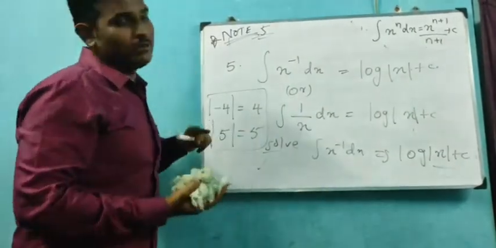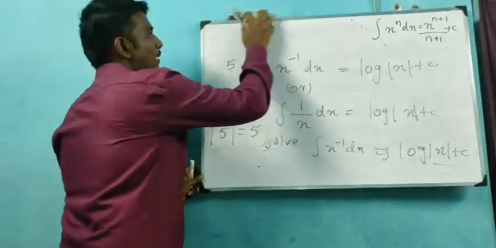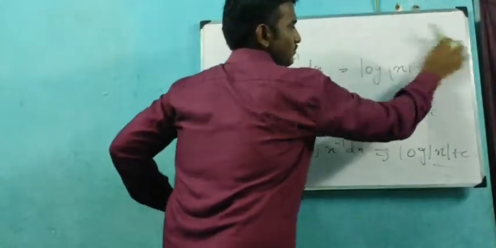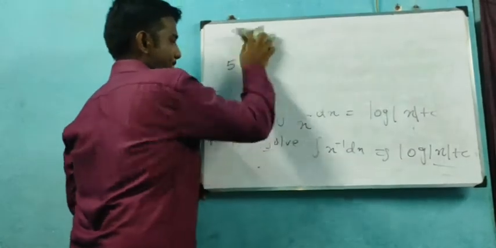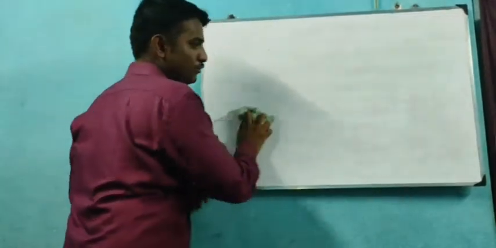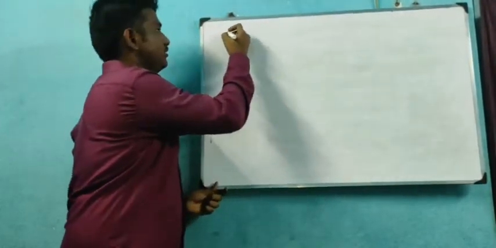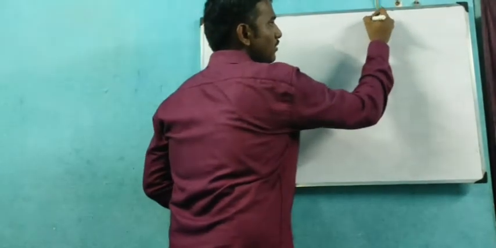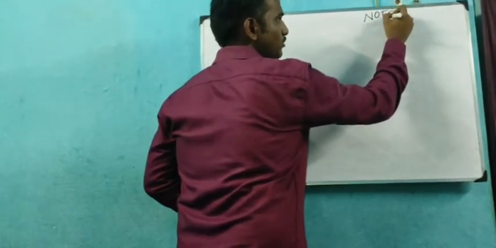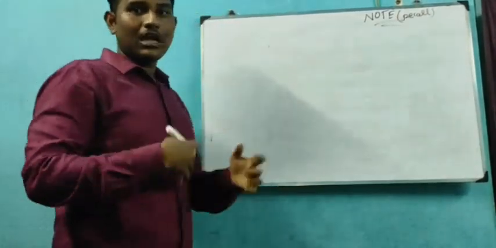If you want to copy it, please copy it fast. Okay. So next formula. Next I am going to deal with some simple, easiest formulas. So second formula, recall or note; you have to recall all those things again and again.